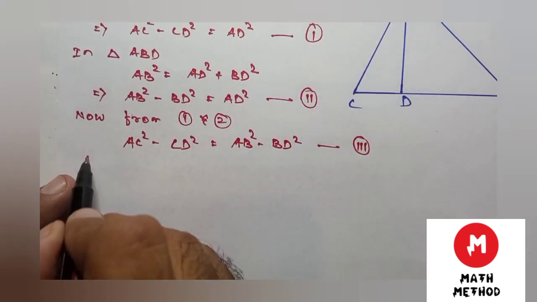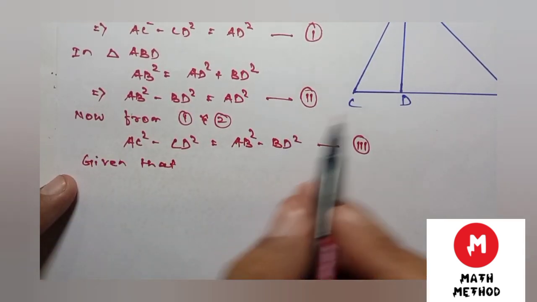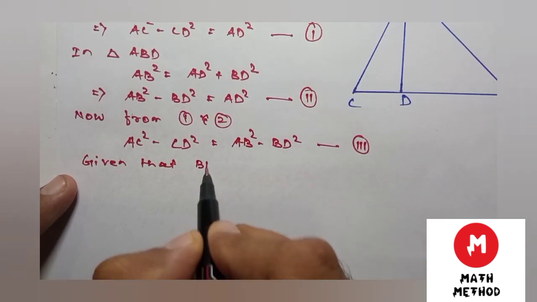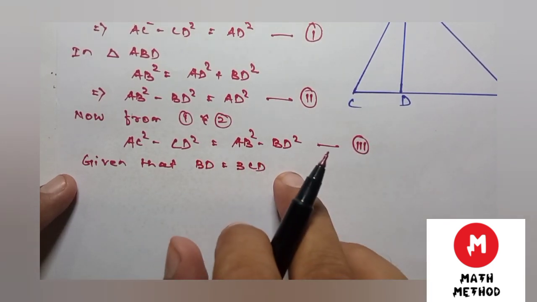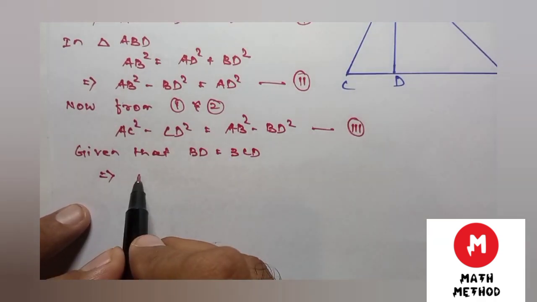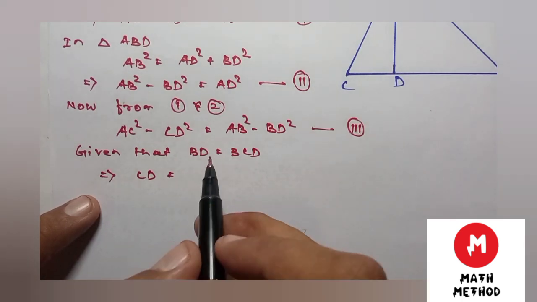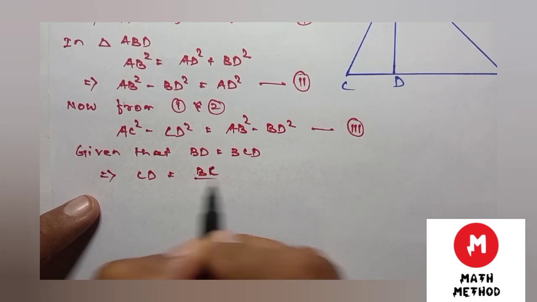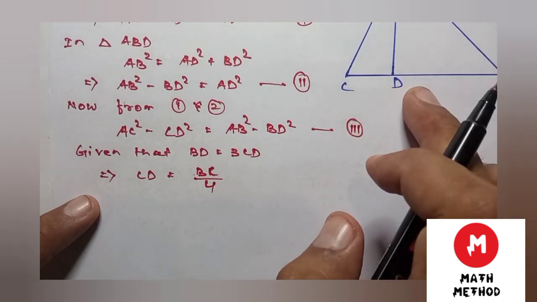Now given that BD is equal to 3 times CD, which is given. So CD is equal to BC by 4, because by adding these we get 4 times CD.